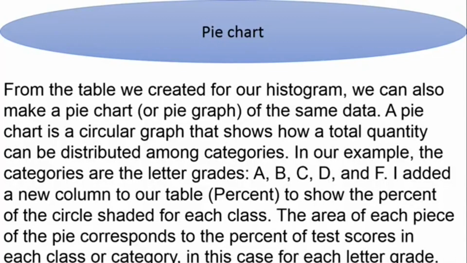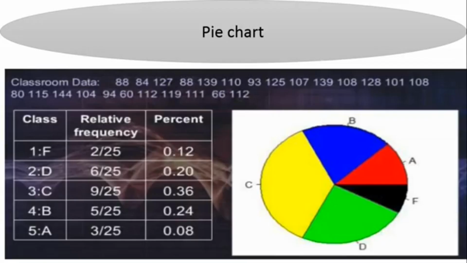In this representation of the pie chart, we have category C that has the highest percentage. Category C is 36%, followed by category D, which is 20%, in green color. Category C is yellow.